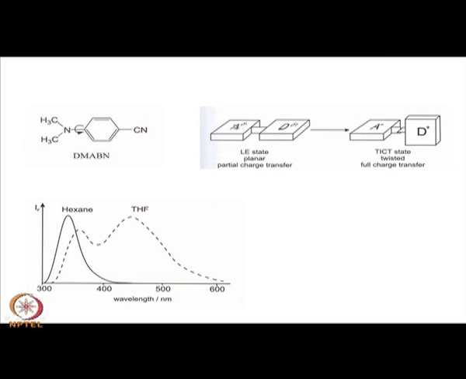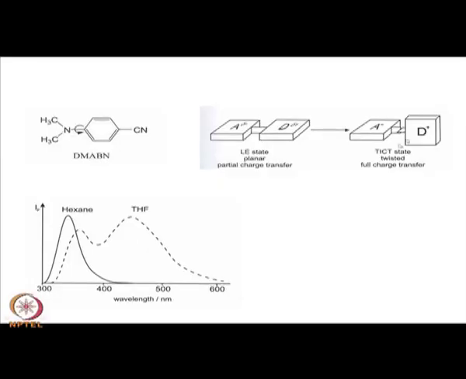Initially this had an extended conjugation. Now this conjugation is lost because these two planes are perpendicular to each other. Initially it was like this, so that this particular part and this particular part could be connected by strong conjugation, but the moment it twists, the conjugation is stopped.